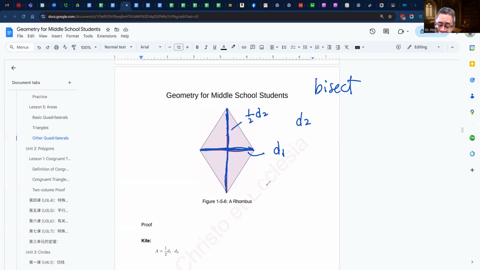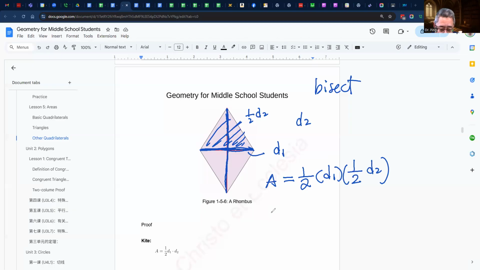And based on our formula for triangle, the area would equal half the base, which is our D1, and height, which is half of D2. And now we know this is this area, and the whole rhombus is twice of that.